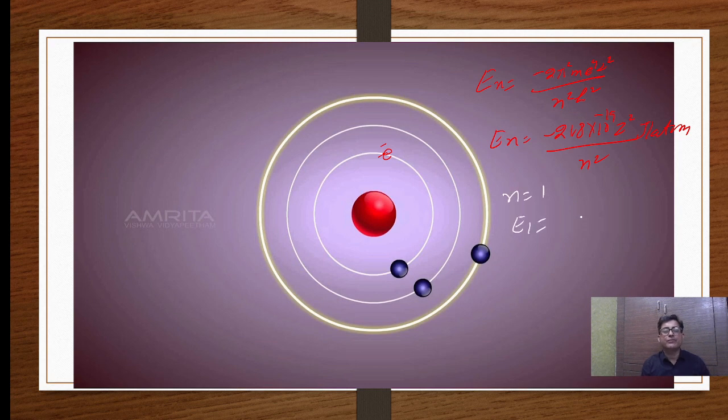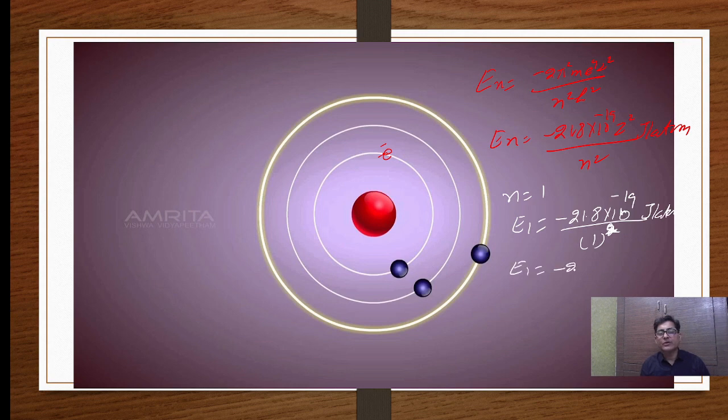The energy of the first orbit is -21.8 × 10^-19, with Z equal to 1 because Bohr studied hydrogen or hydrogen-like elements. If we consider hydrogen, whose atomic number is 1, there is no need to put in the value, and we are finding the energy of the first shell in joules per atom.